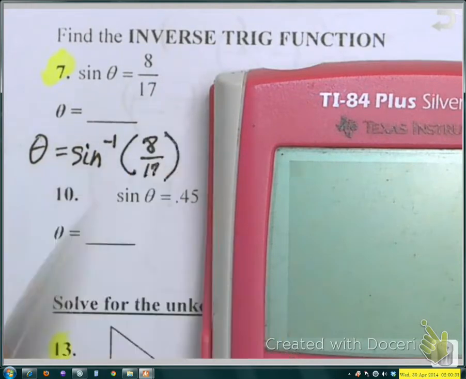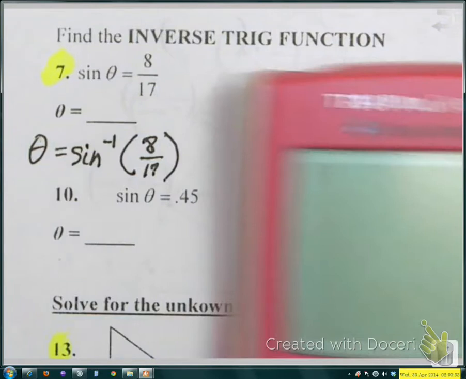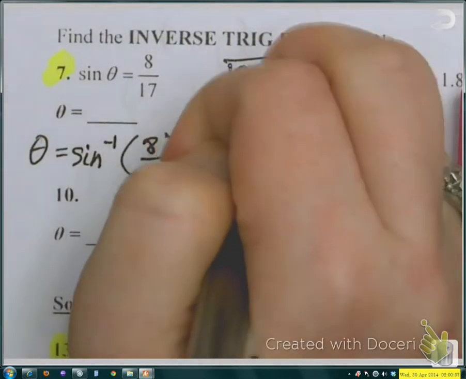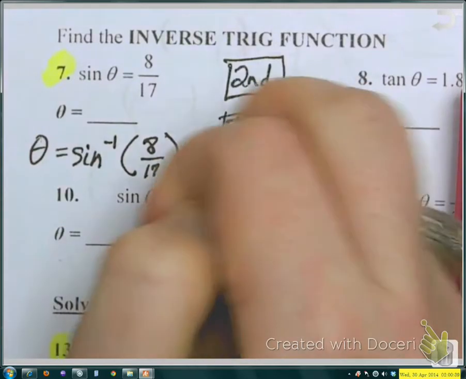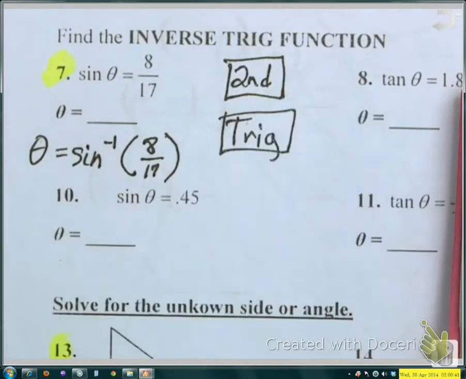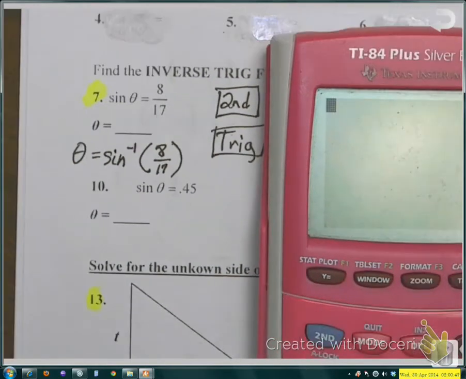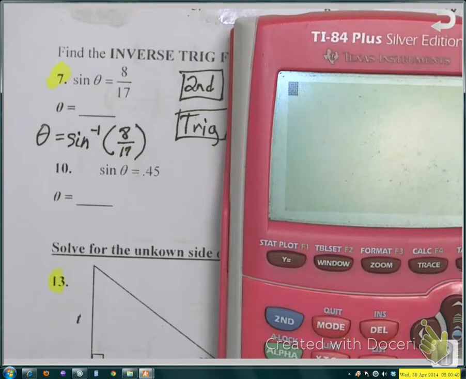Now how you enter that in the calculator is actually quite easy. You're going to hit the second button and then you select whichever trig function you want. So in this case, the trig function we want is the sine. We hit the second button, we hit the sine, that gives us the sine inverse.